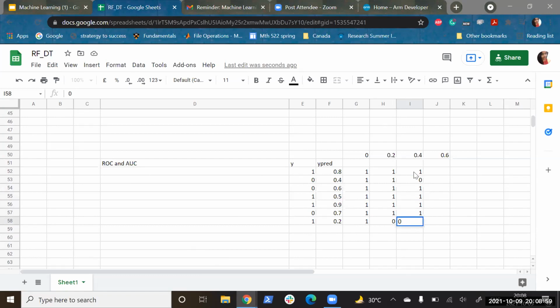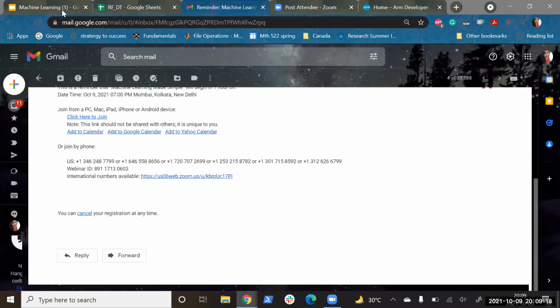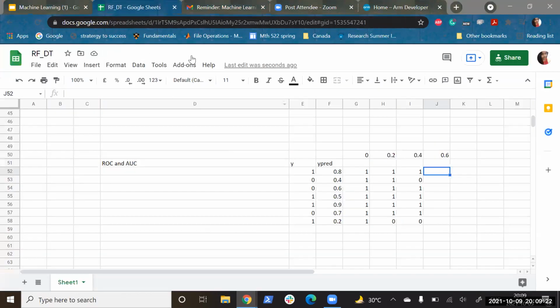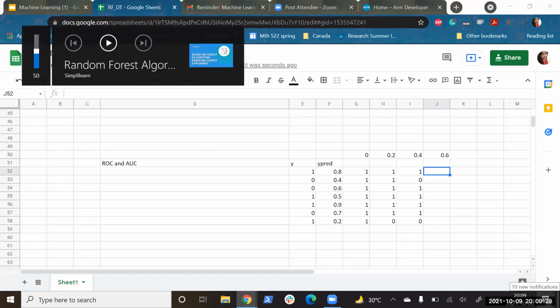So I want somebody to do 0.6. Is anybody up for it? Simply see the value and put 1 or 0. Yes, right.